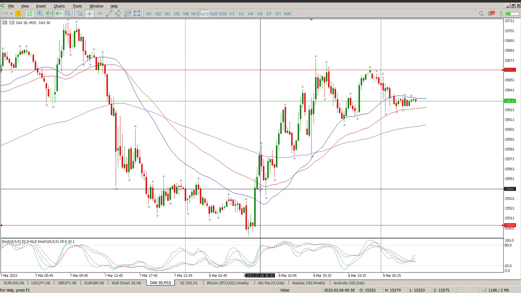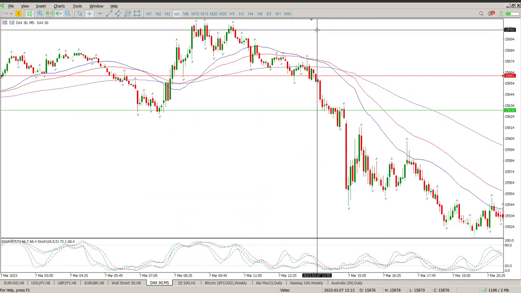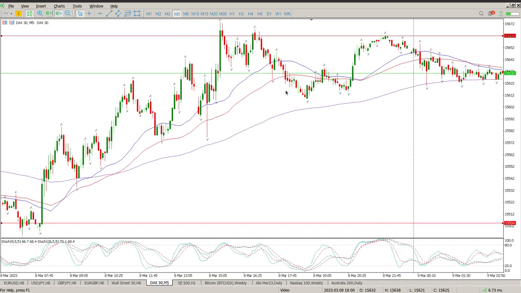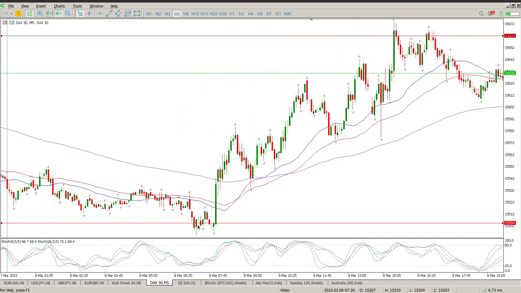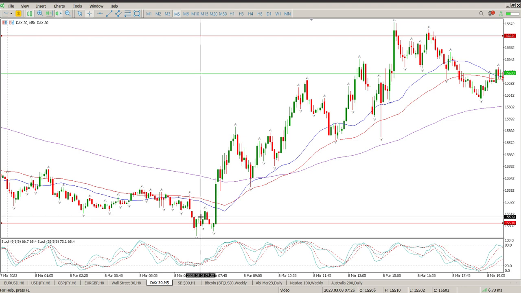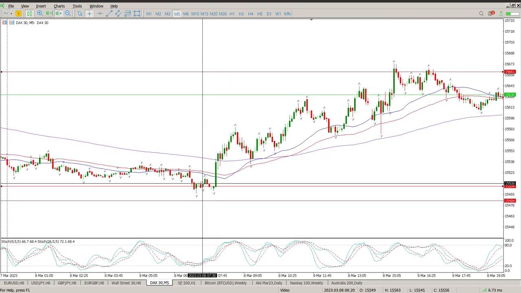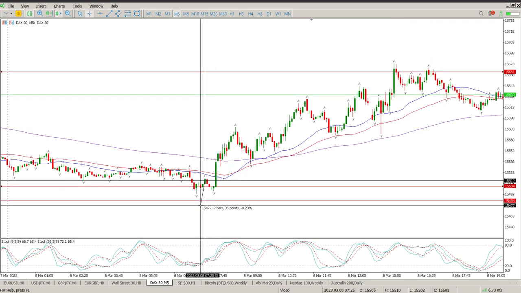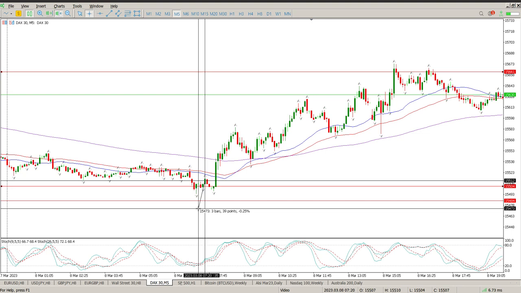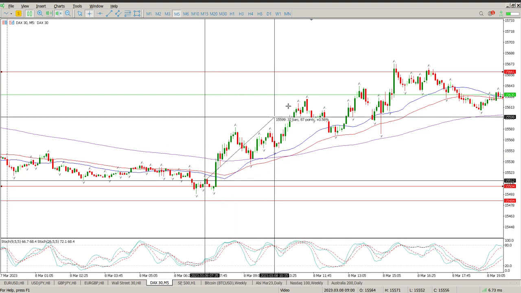You could have waited for this bar to finish, could have gone down to the 5 minute to see the structure. You can see an inside bar there. So you could have taken that trade there with a stop below there, which is a 20-point stop loss. In other words, I would have actually just taken a 40-point stop loss, let it play out, and you can see what happened.